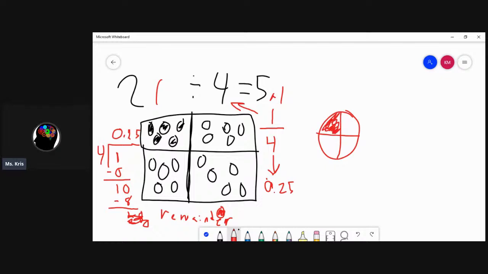That one piece is considered one out of 4 pieces. Therefore, it is a quarter because it takes 4 quarters or 4 .25s to make one whole.